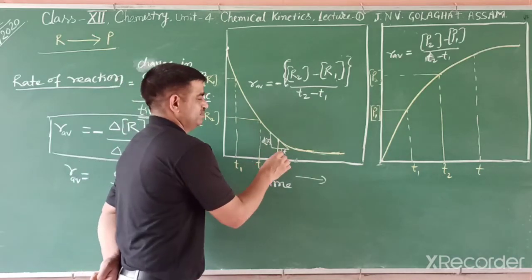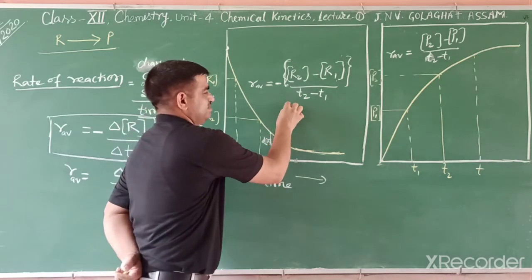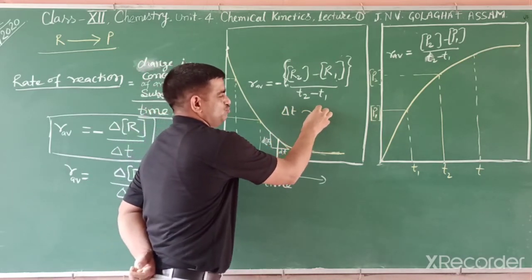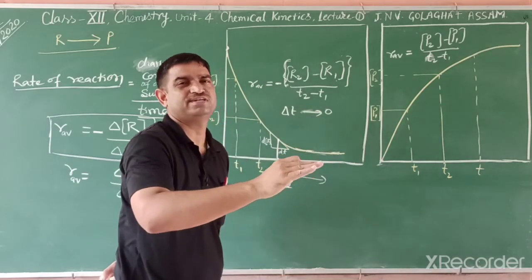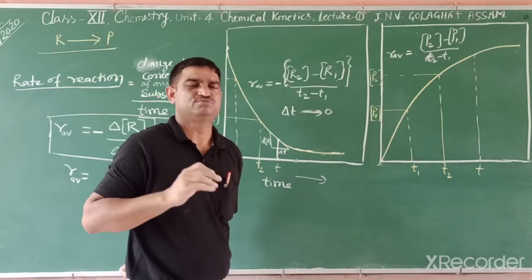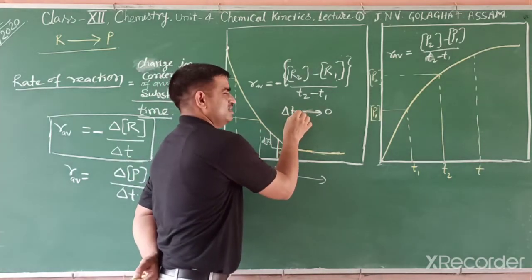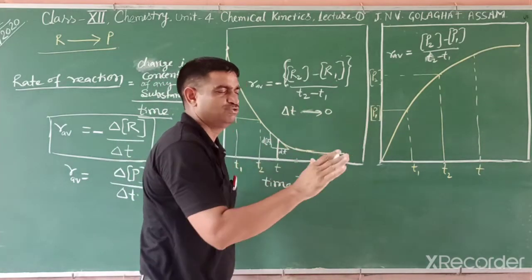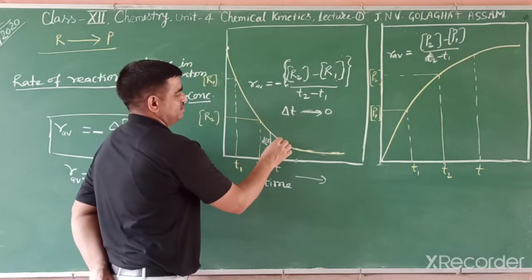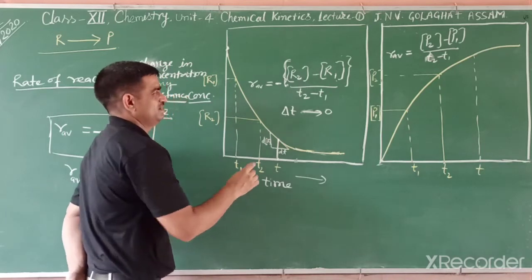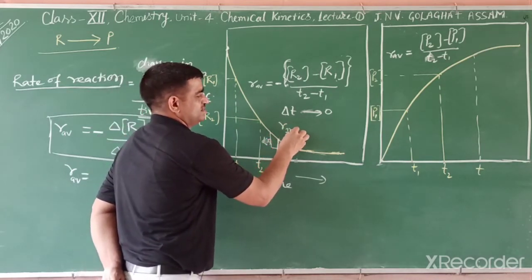That time is T1. When delta T approaches 0, moves toward 0, meaning infinitesimally small, mathematically the difference of time is 0, very little time. At that time, the rate of reaction we identify is the instantaneous rate.